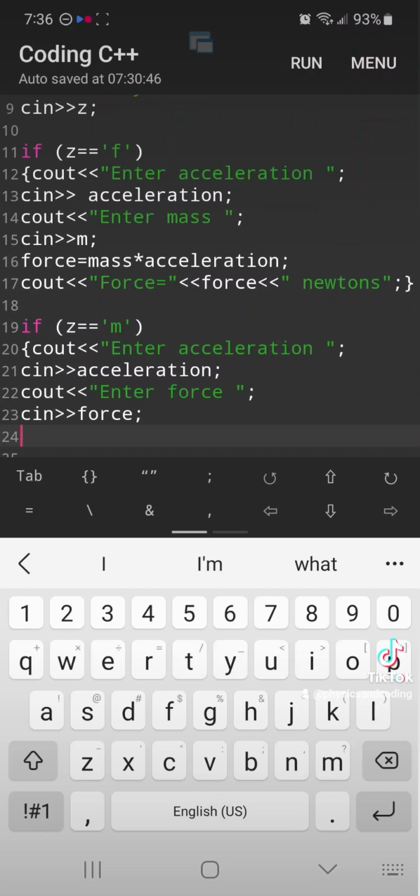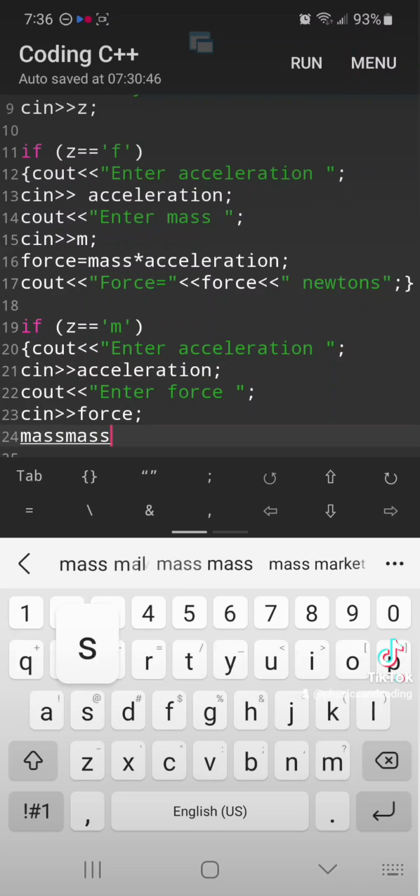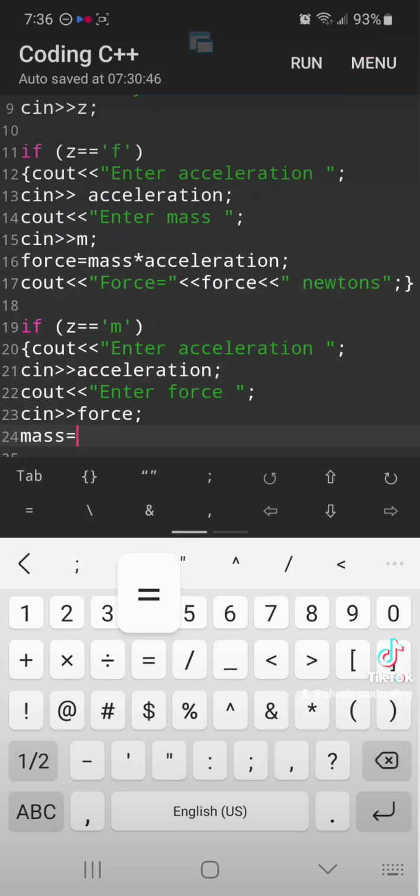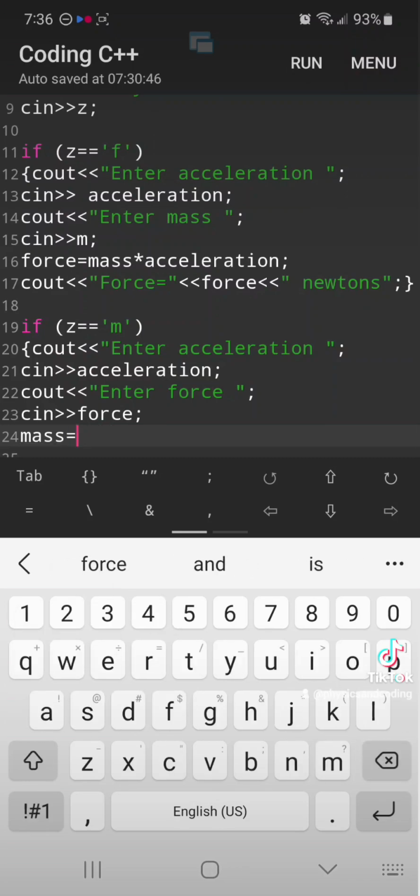Okay, and now we're going to solve for mass. So force equals mass times acceleration. So divide both sides by acceleration to get mass equals acceleration divided by force.